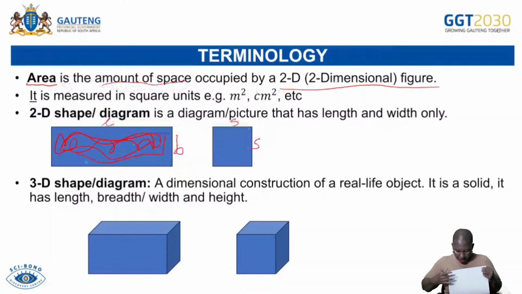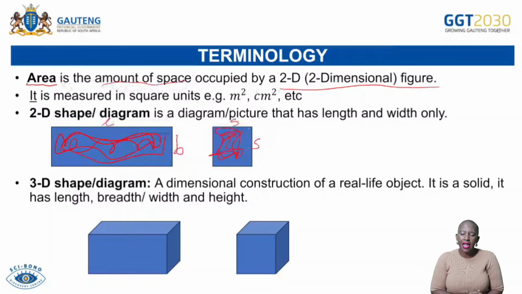We have the length and as well as the width of the shape, the breadth. So we say this is what? It is a two-dimensional figure. If it is a square also, it is also a two-dimensional figure. If we can see only this front part of the square, you don't see other sides of the square, then we say it is a 2D.